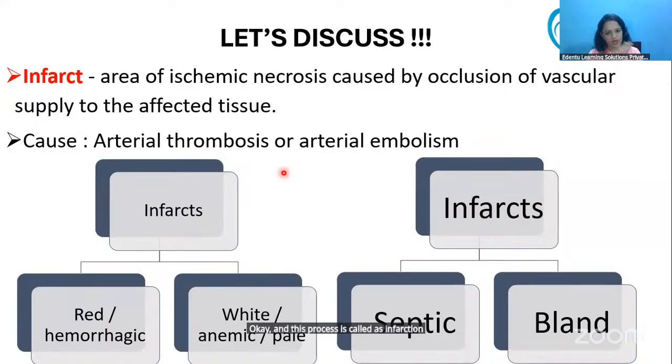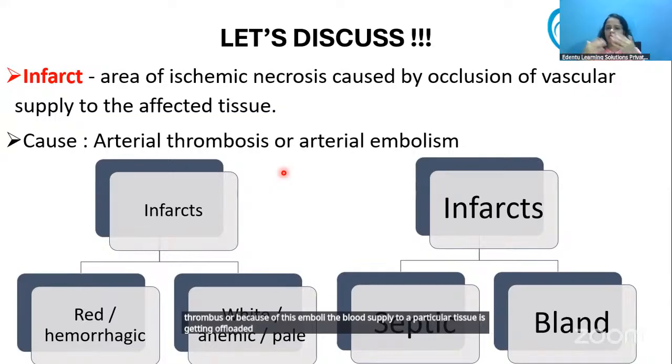Because of this thrombus or these emboli, the blood supply to a particular tissue is getting occluded. So that tissue will be devoid of oxygen, nutrients and blood supply, which will create an area of localized ischemic necrosis.